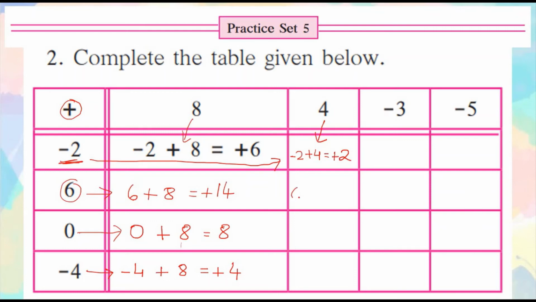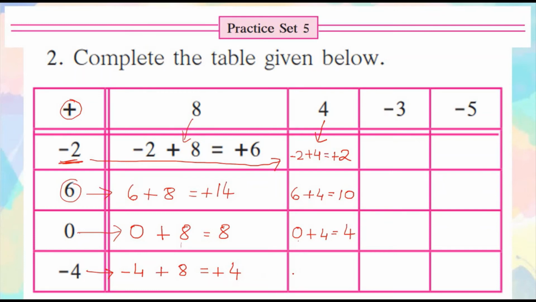Next one we have 6 plus 4. Answer we get is 10. Both are positive numbers, so I will write 10. Next we have 0 plus 4. Any number added to 0 will be the number itself. So 4.